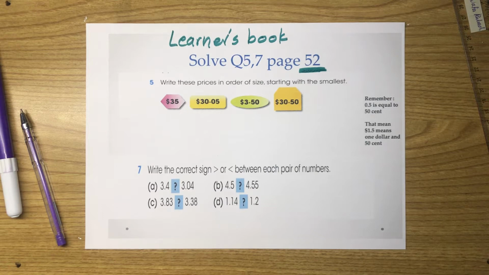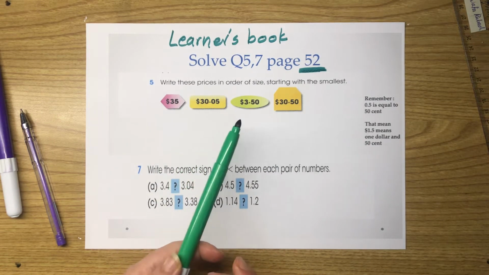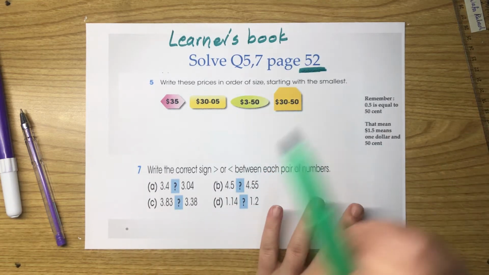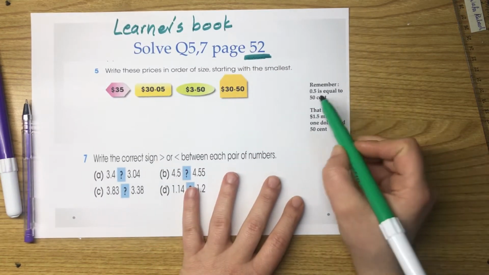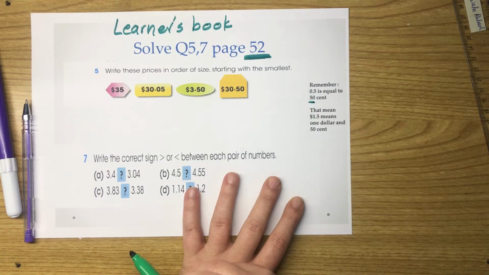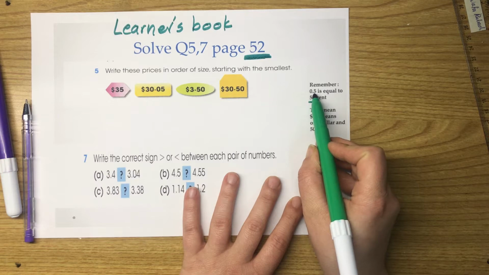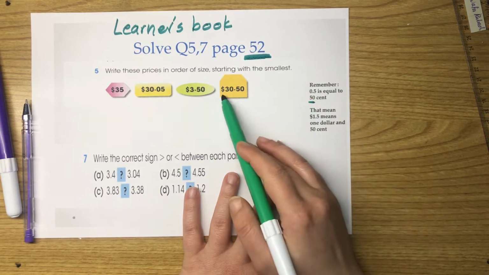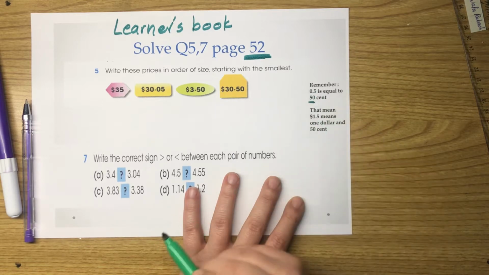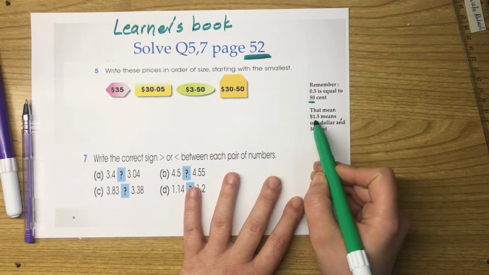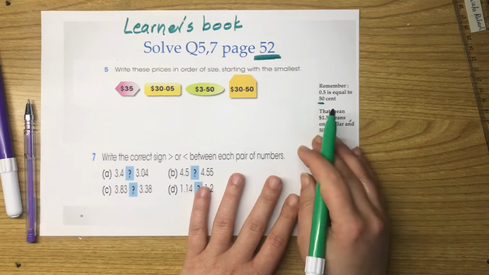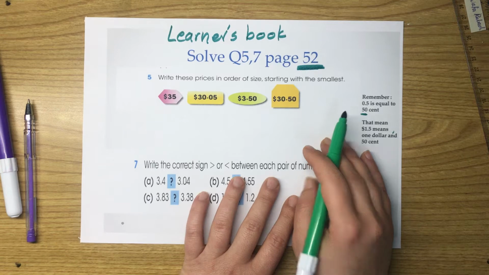Write these prices in order of size, starting with the smallest. Note, please remember, 0.5 is equal to 50 cents. 0.5 of a dollar, or JD. In this case, this is a dollar. 0.5 equals 50 cents. That means $1.5 means $1.50. This is extra information.